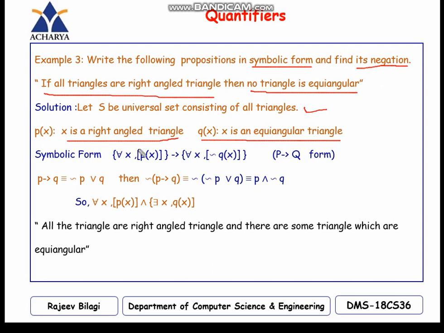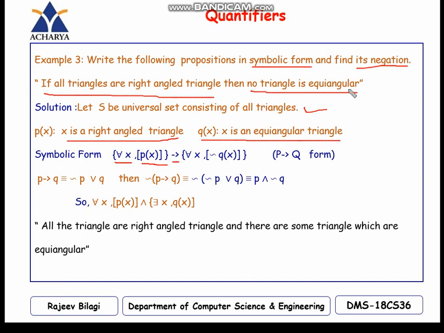Now if I write this in the symbolic form, for all the triangles, x being a triangle, for all x, P of x: all the triangles are right angled triangles. Then, that is then.